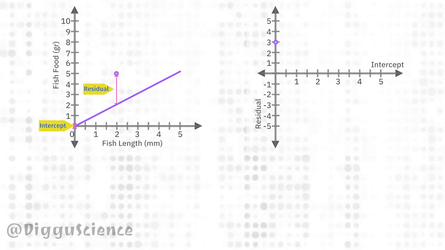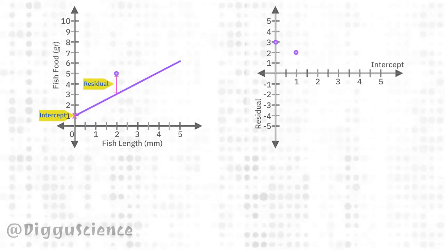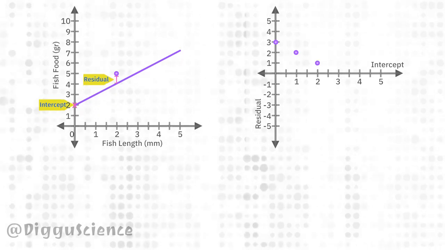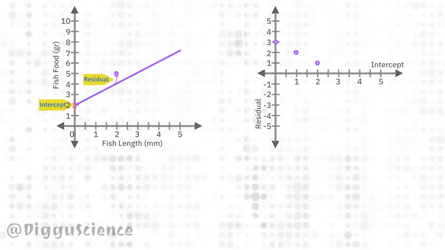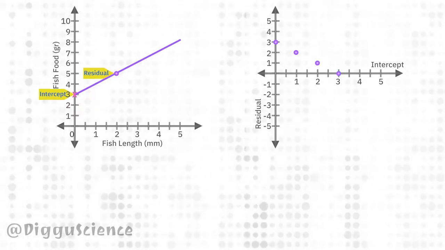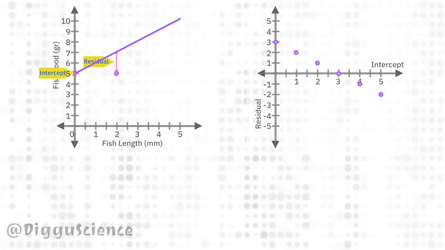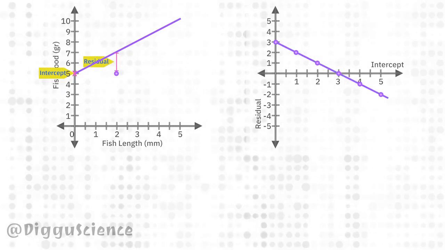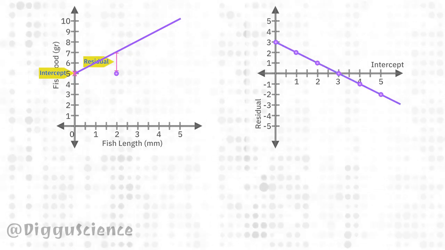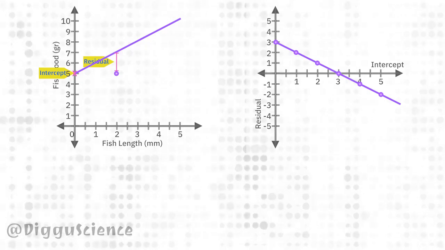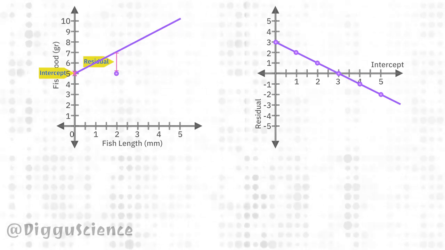When the intercept value is 1, the residual value is 2. For the intercept value 2, and for the intercept value 3, and so on. The curve is also a straight line. This line does not provide a clear qualification regarding this issue.